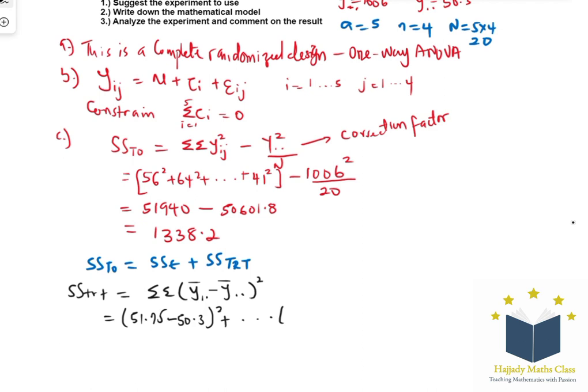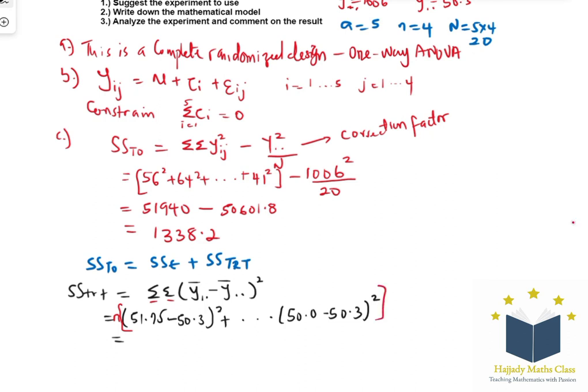So I'm having 50.0 minus 50.3, all squared. So summing this over, don't forget that I'm having a double sum. The first one is summing to n, so I'm having n multiplied by all this.